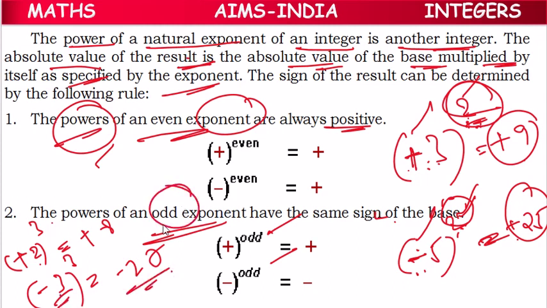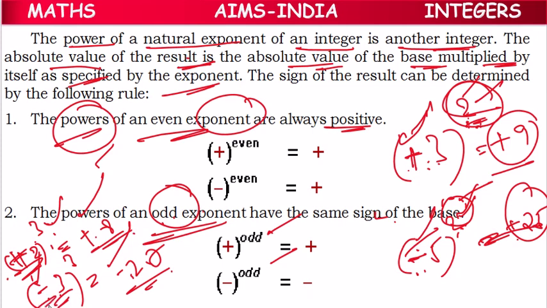If we have an odd exponent in the place of power, then if the base is positive, the result will be positive. If the base is negative, the result will be negative. Whereas in the case of an even exponent, the base may be positive or negative, the result is always positive. But here, only if the base is positive, the result is positive. If the base is negative, the result is negative. That we have to keep in mind.